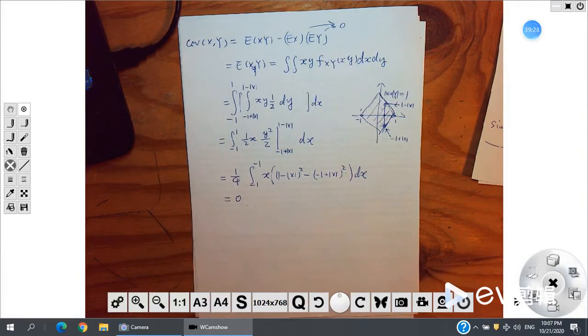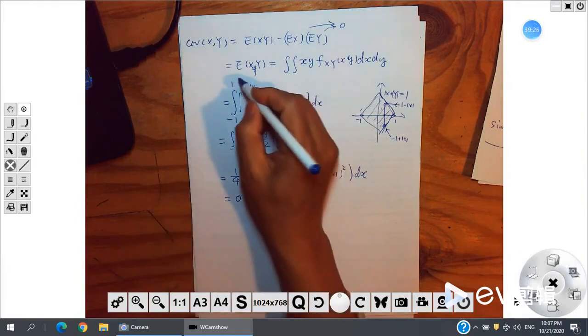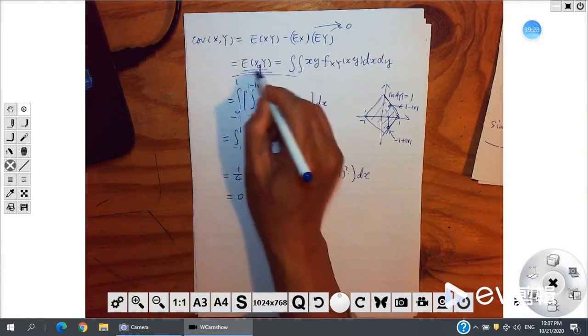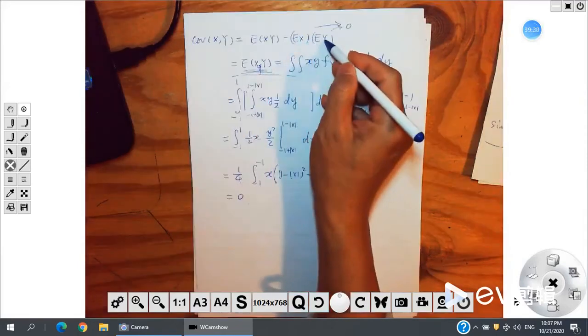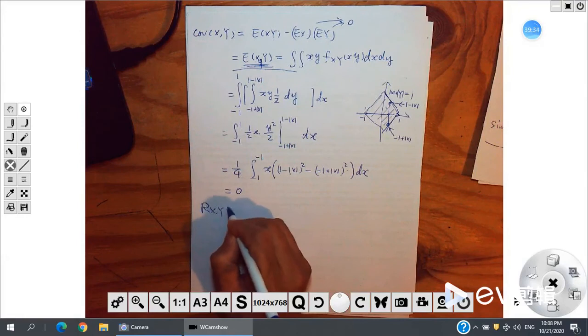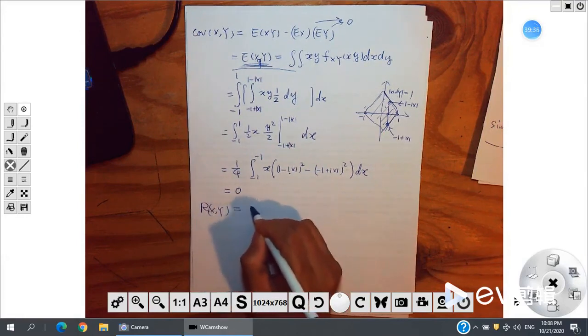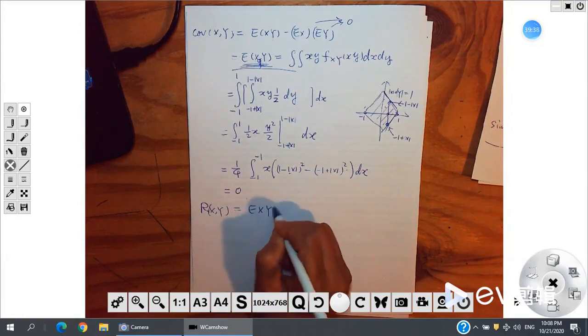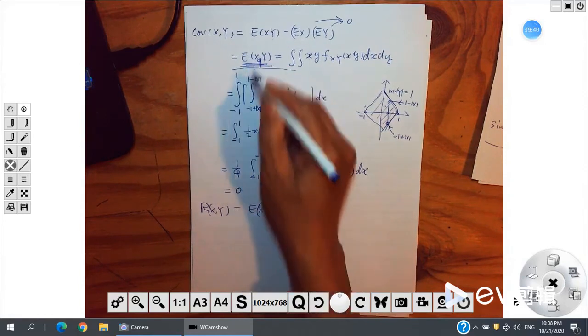Covariance is 0. And actually it is this one, right? This is the E[XY] because this part is 0. So R_xy, the correlation, is also 0. Well, we already have it.